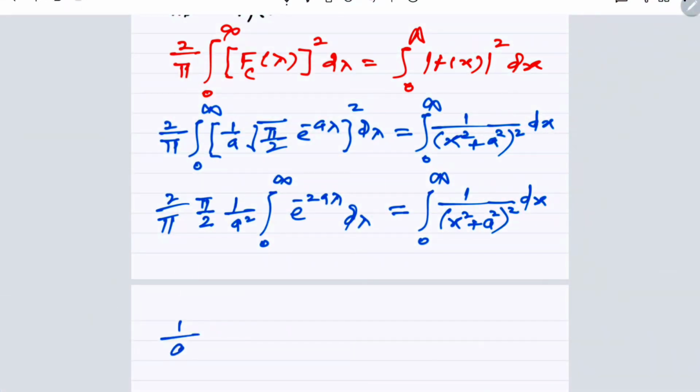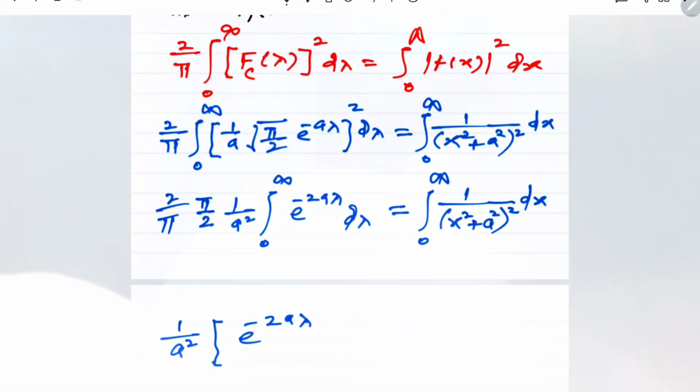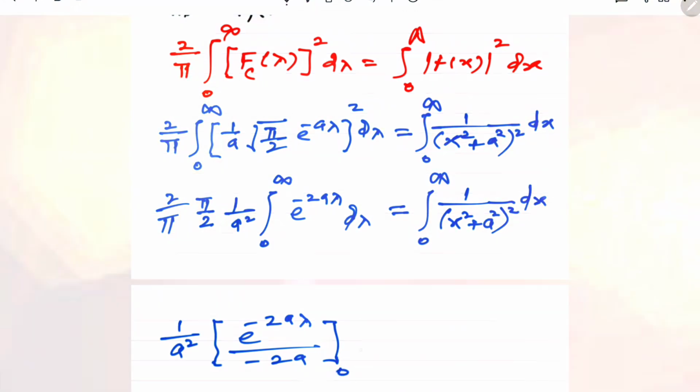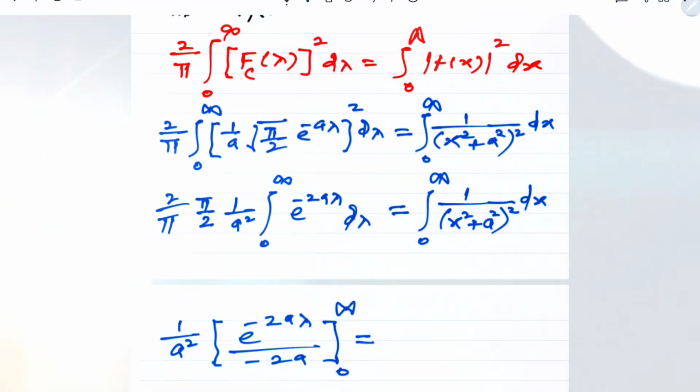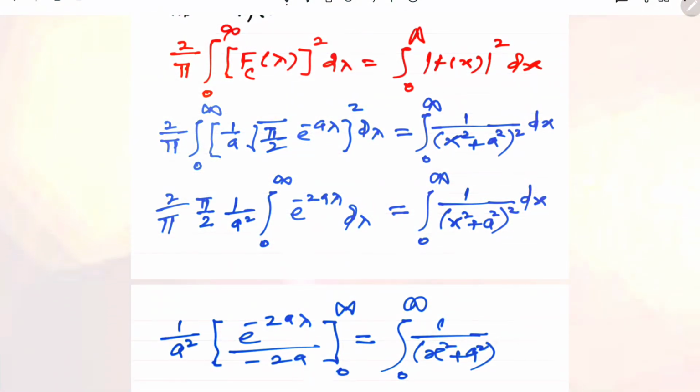Pi by 2 and 2 by pi get cancelled, we get 1 by a square, and the integration of e raised to minus 2a lambda is minus e raised to minus 2a lambda divided by minus 2a, limits from 0 to infinity, and the right hand side as it is.